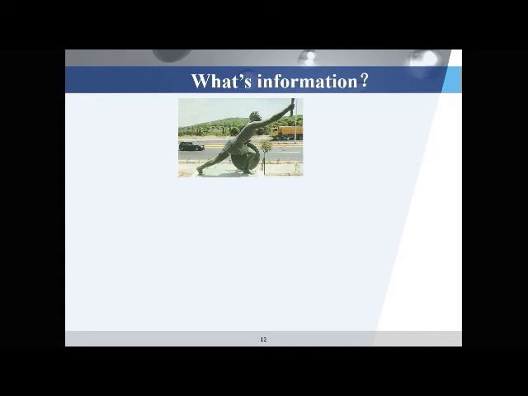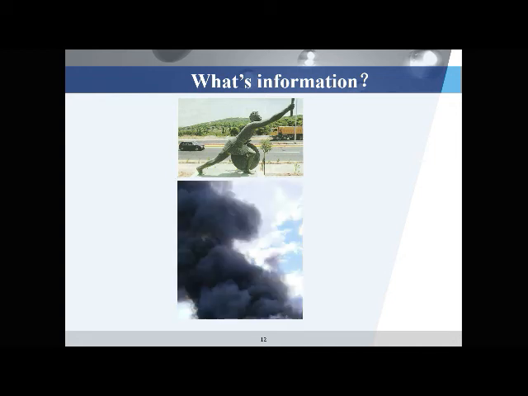Okay, so except using a human being to transfer information, we can also use light to transfer information, right? So when you see an image of smoke, you can probably guess somewhere there is a fire, right? So it'll be more efficient to transfer information. But without the background information, we probably don't know what exactly happened.